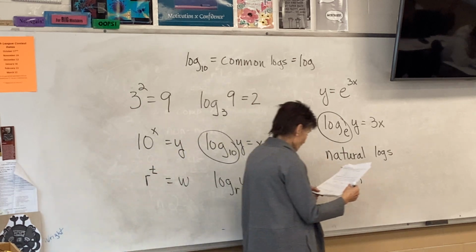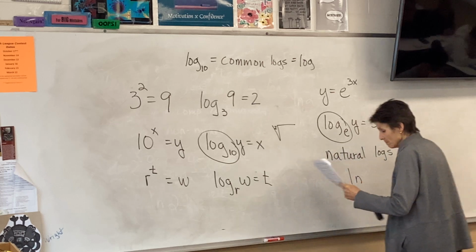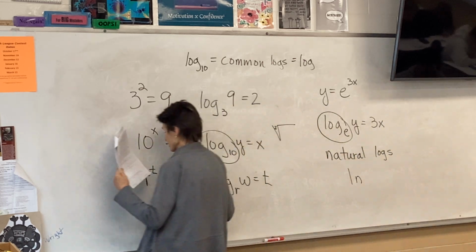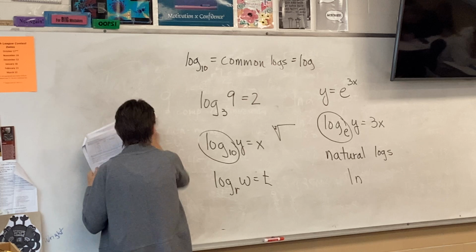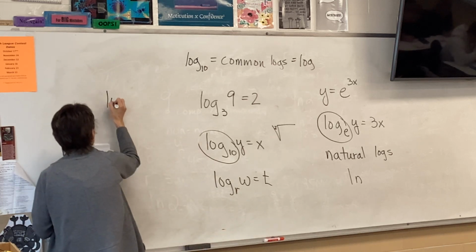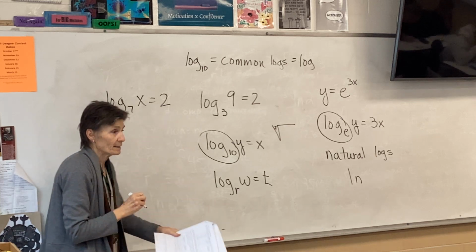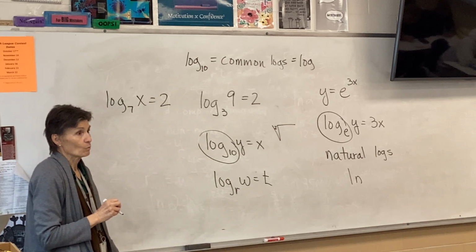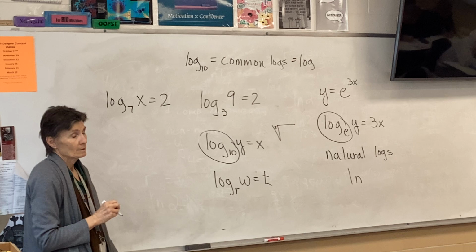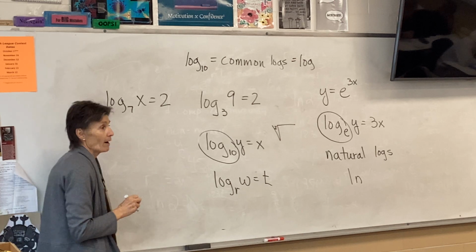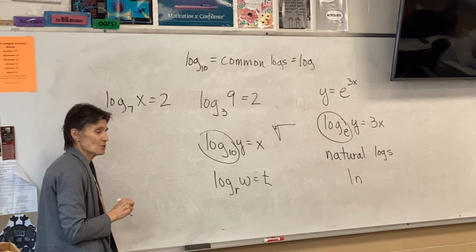Okay. So now it says, do the same thing backwards. So this equation is in logarithmic form, and you're going to rewrite it in exponent form. I don't know what Mrs. Coors called it last year.